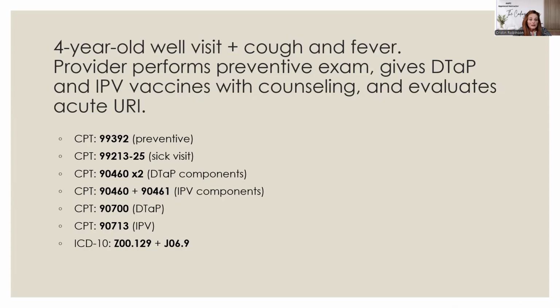The CPT codes would be 99392 for the preventative, a 99213 with a modifier 25 for a sick visit, 90460 times 2 for the DTaP components, 90460 plus 90461 for the IPV components of administration, 90700 for the DTaP immunization itself, and 90713 for the IPV immunization itself.